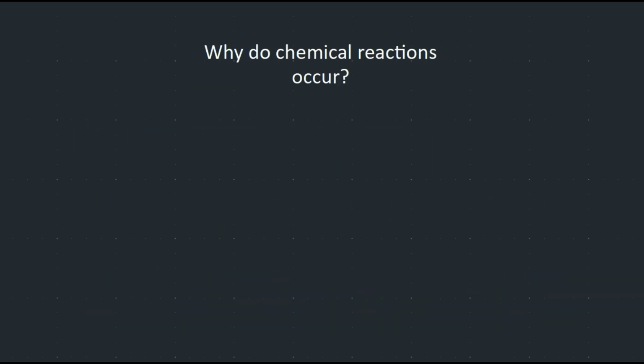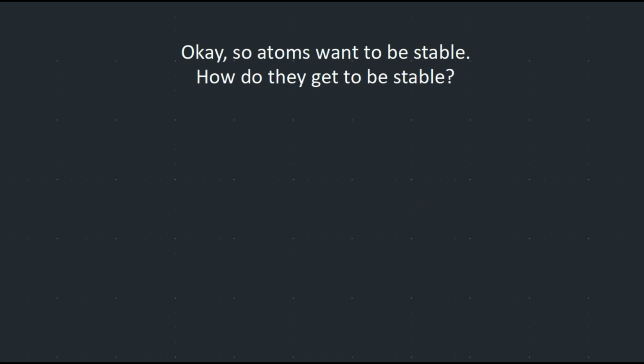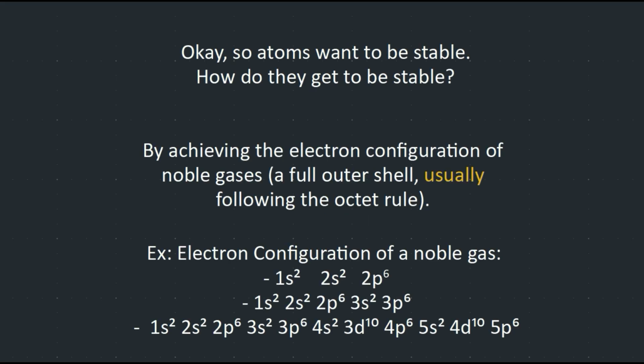Again, why do chemical reactions occur? Because atoms want to be more stable. So what does stability mean for them? To have a configuration similar to that of a noble gas. Again, this is a thumb rule for most cases. So that usually means the octet rule. So basically the last shell will have 8 electrons is what it means.